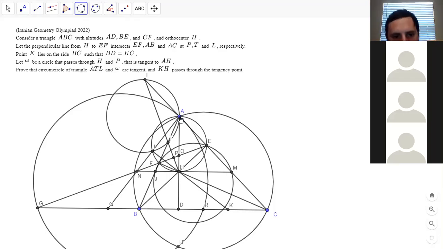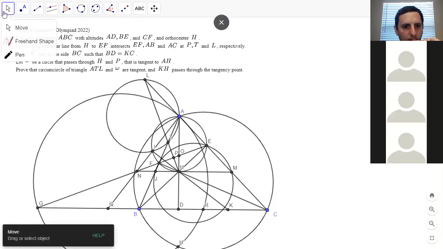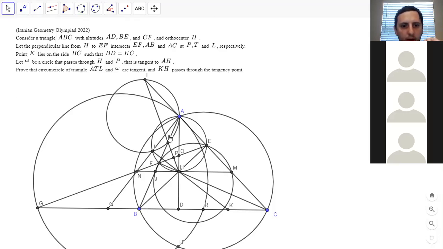Wait, so can you just explain what we did, like how we define the points and what are we going to do next? Yeah, so I said define I to be the intersection of the circle ATL and this circle.